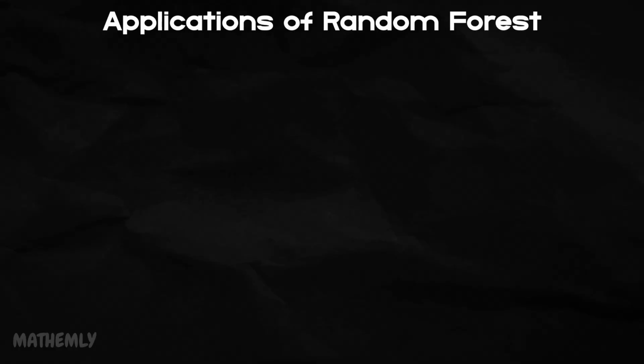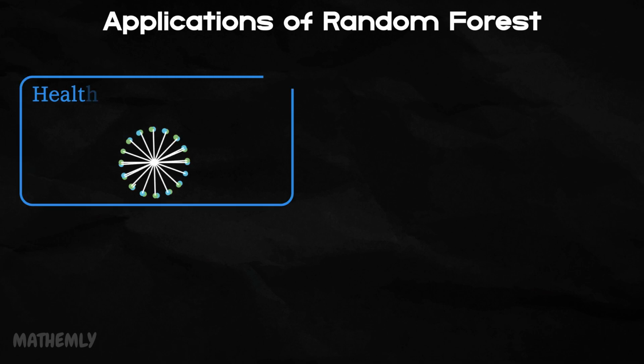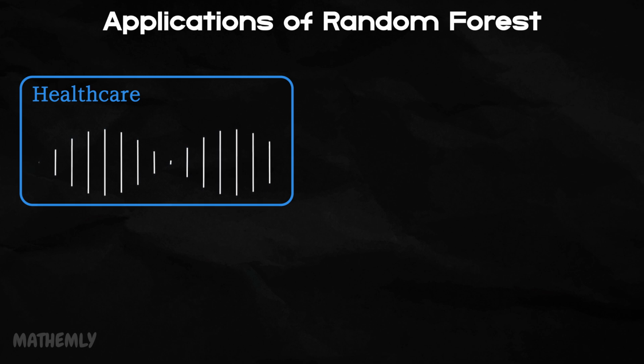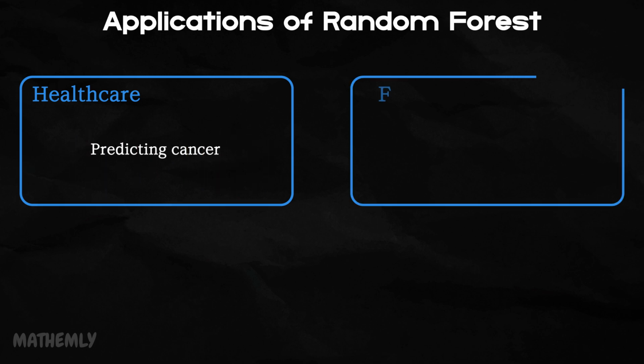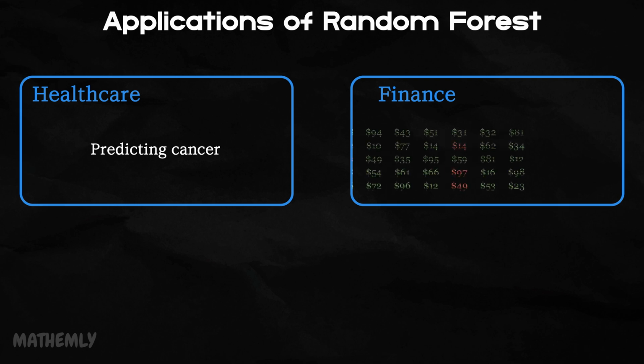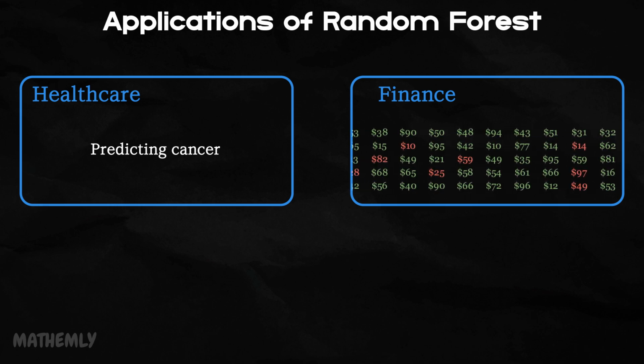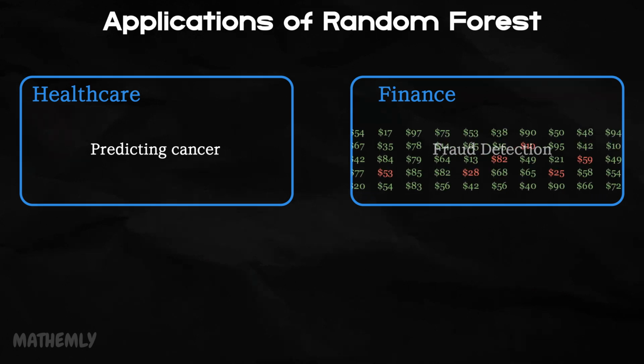Random forests are used in many real-world applications because of their ability to handle complex datasets and make accurate predictions. For example, in healthcare, they are used for predicting diseases like cancer by analyzing medical records and test results. In finance, random forests help in credit scoring and fraud detection by identifying patterns in transaction data.